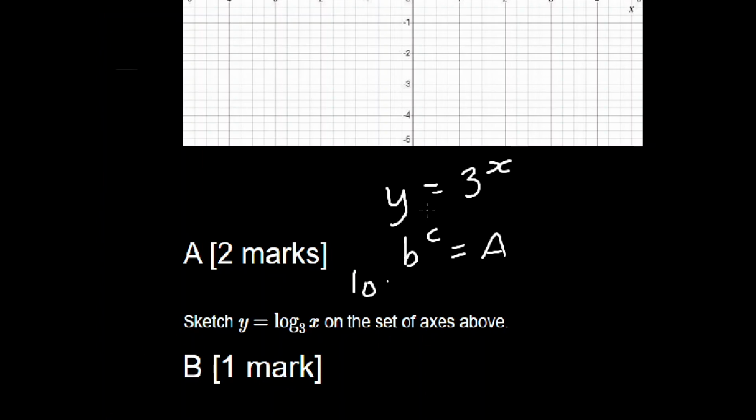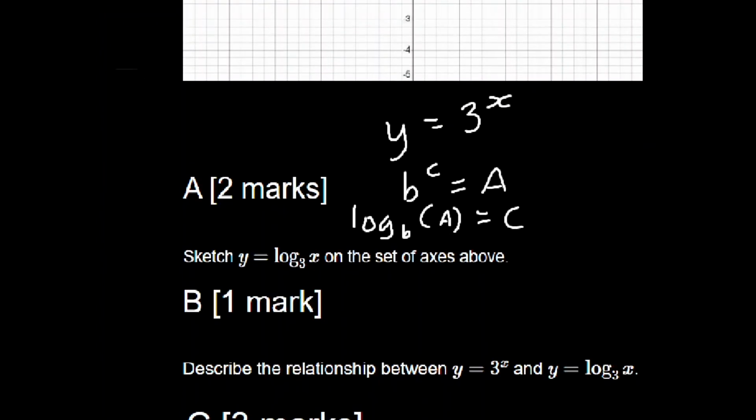So log of b gives us log a there is equal to c, and then we can swap them around here. So if we have log base 3, we can put in a couple of points here, and let's do that straight away.